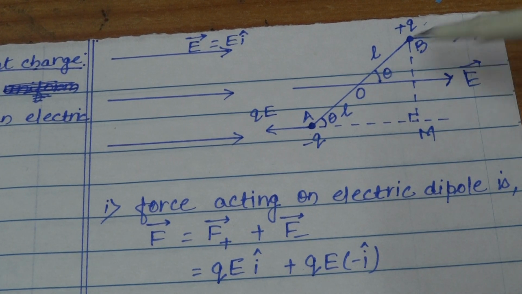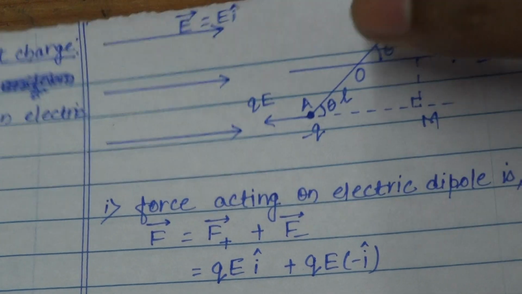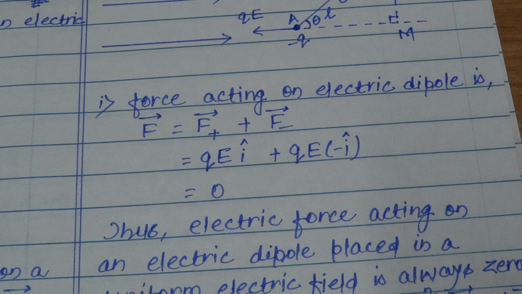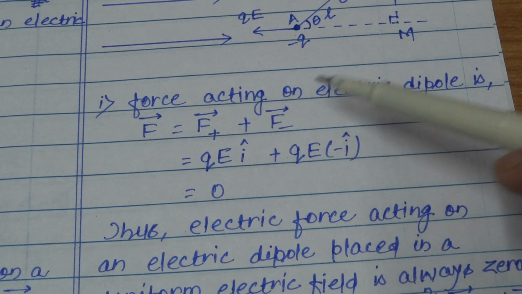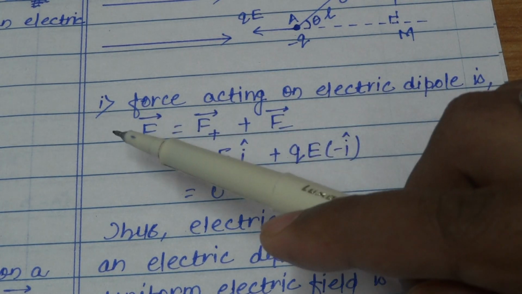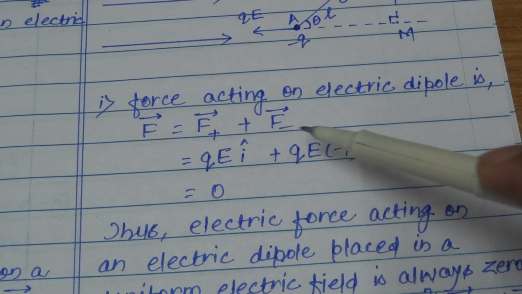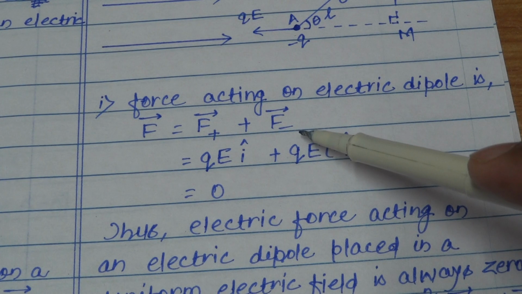If we add these two forces, we will get the net force acting on the electric dipole. So let us add these two forces to get the net force acting on the dipole. The force acting on the electric dipole is F equal to the force acting on the positive charge plus the force acting on the negative charge.